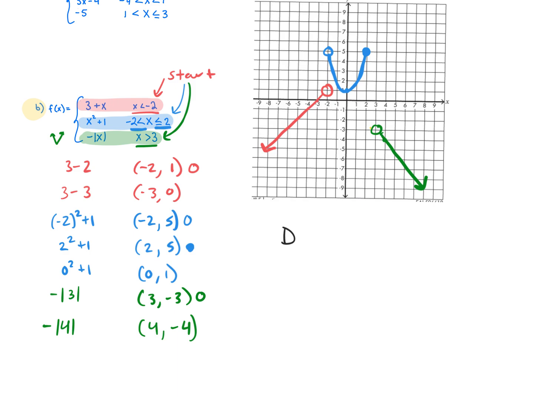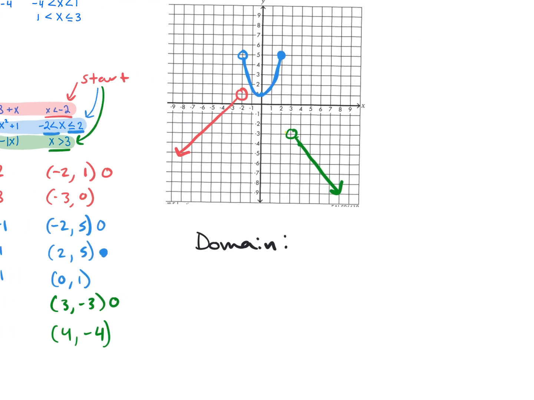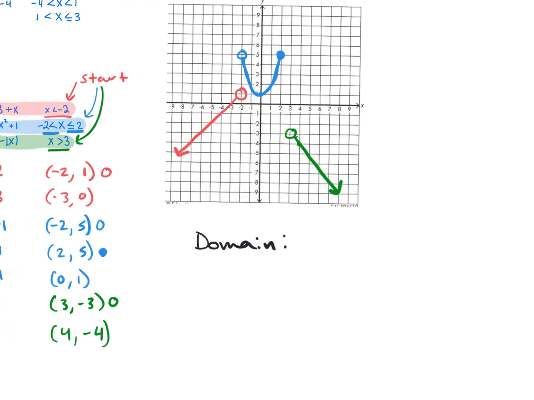And let's find the domain here. What would our domain be? -∞ to -2. -2 is an open circle, so it's just a parentheses.